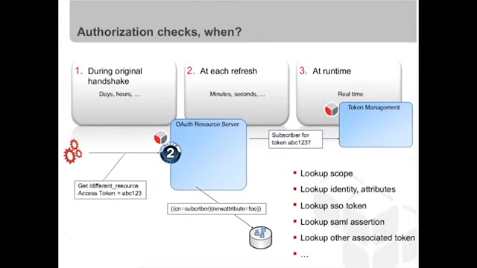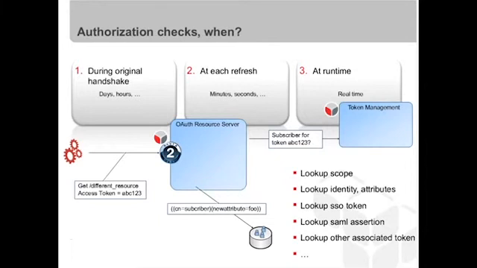If you recheck the authorization at each refresh, you end up with authorization decisions that are more likely seconds and minutes old as opposed to hours and days. So in some cases, this is good enough. This is the right balance.